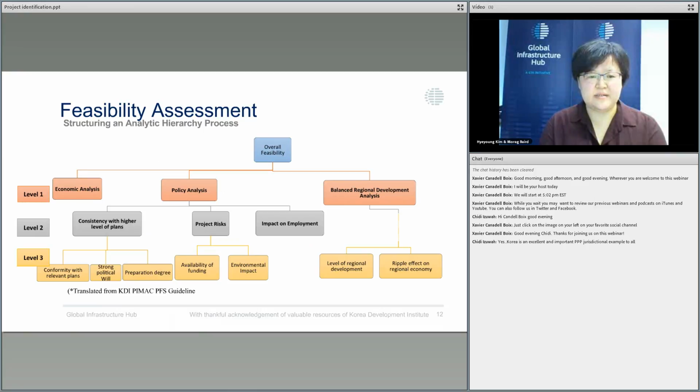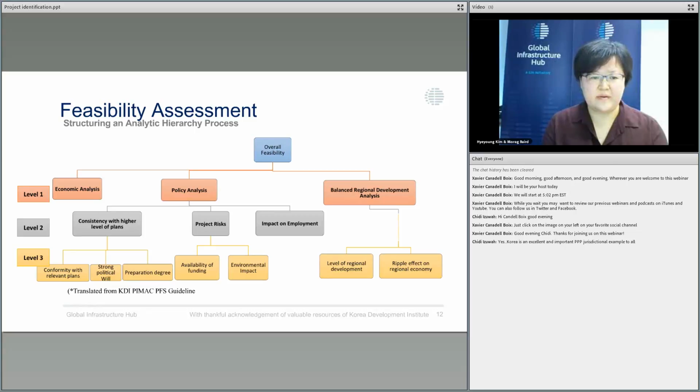This is the slide to show how to structure the AHP elements. The main objective of this decision making is the overall feasibility. For this overall feasibility, the AHP structure decomposes into high level elements and sub level elements. The highest level ones are the economic analysis, policy analysis, and balanced regional development analysis.